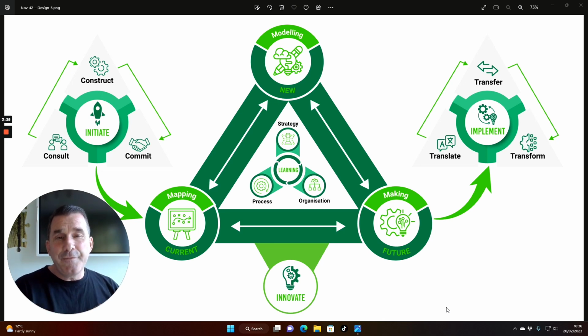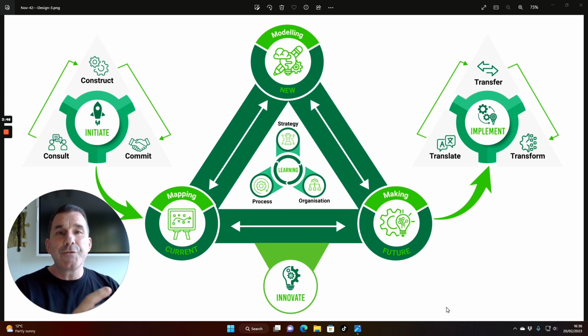So then we move into the final stages, the 3 T's of implement, which is about translate, transfer and transform. So this is about translating the conceptual operating model into the reality of how it will look in practical terms.